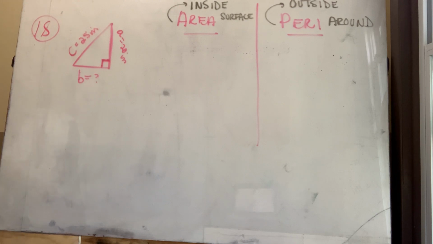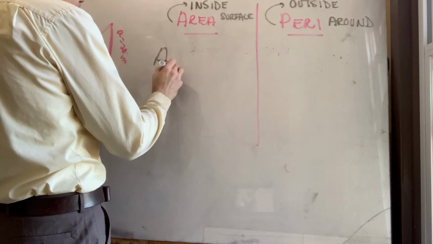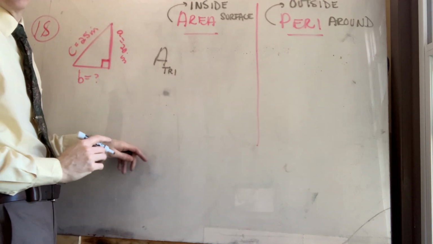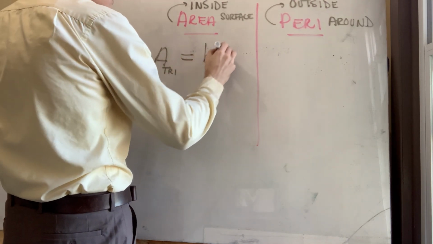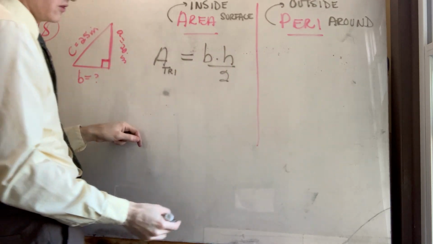The formulas for a triangle specifically are these and these, or this and this I should say. I'm going to abbreviate it tri. It's the base times the height over 2. Sometimes they put a half out in front. It equates the same way.